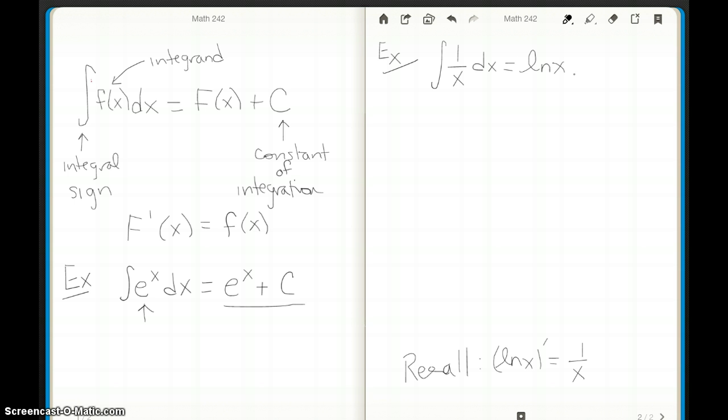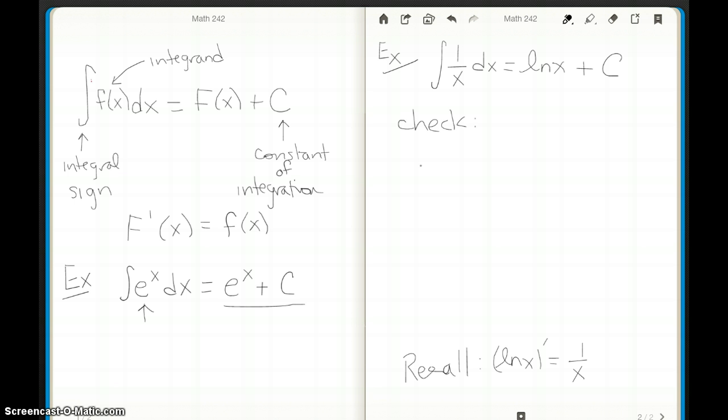Okay, but are we all done? No, because ln x plus any number we want would also be something that would have the derivative of 1 over x. So ln x plus a constant of integration. Okay, and again, to check this, to be sure that we're right, all we would have to do would be to take the derivative of the right-hand side and be sure that we get the integrand.